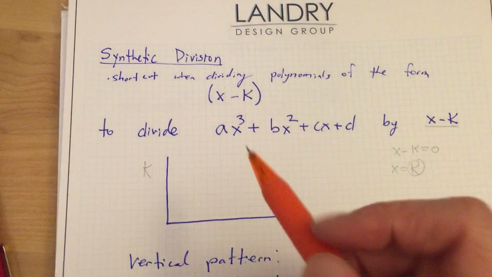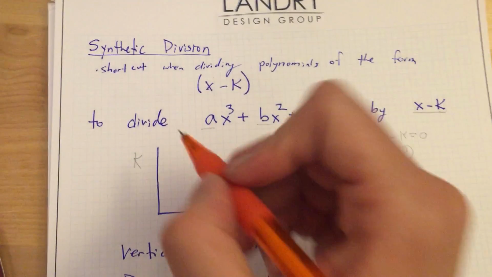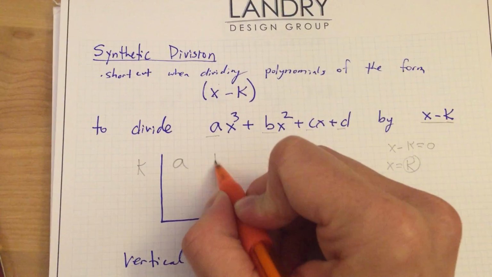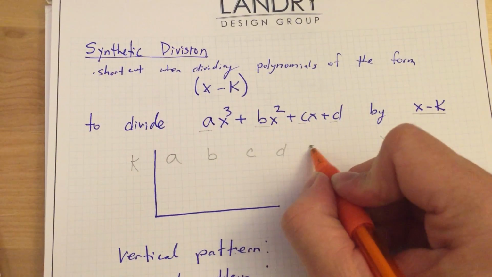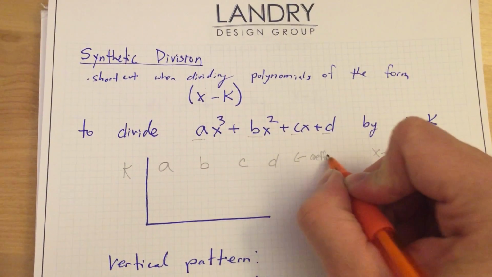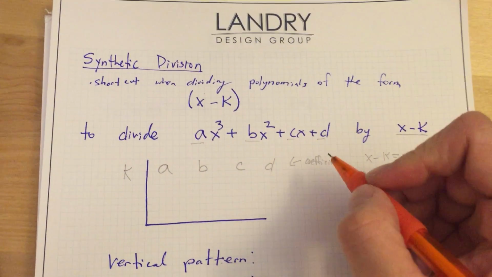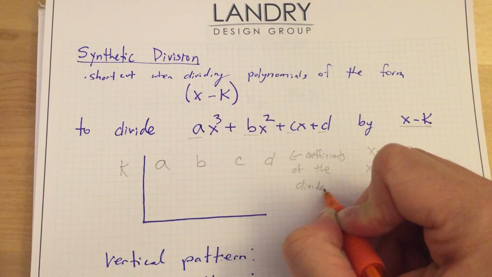So I'm going to put that k value on the outside of this backwards L. And then what I'm going to do is take just the coefficients, A, B, C, and D. So these are the coefficients of the dividend.